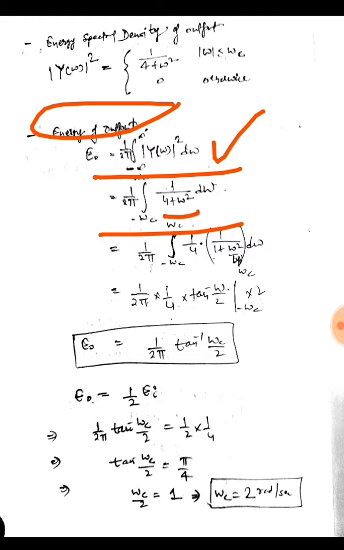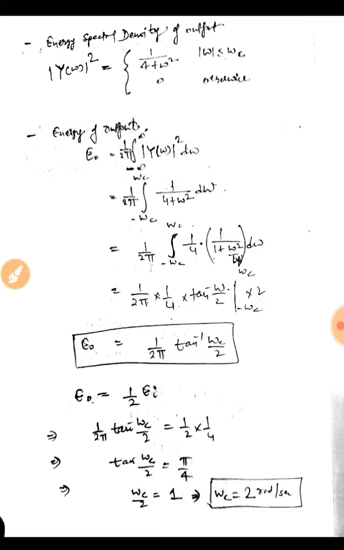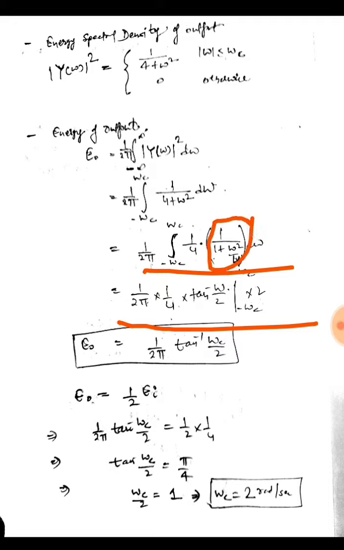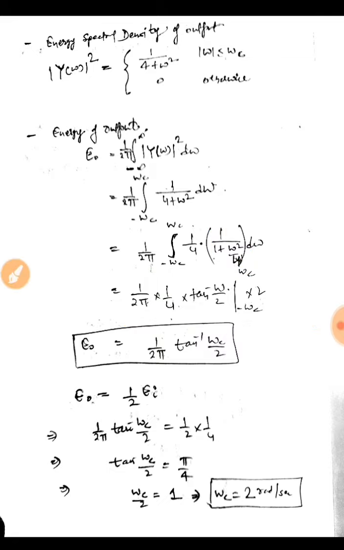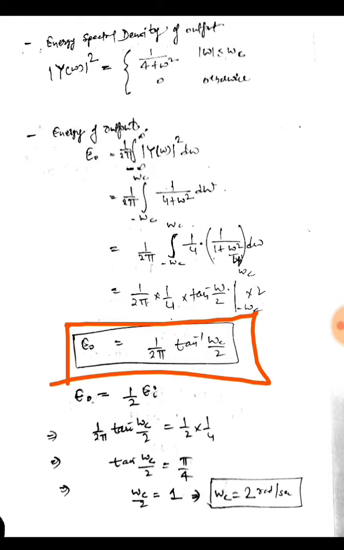Now if I integrate it with respect to frequency, it comes out to be 1 upon 4 into 1 upon (1 plus omega squared by 4) d omega. So it comes out to be 1 upon 2 pi into 1 by 4 into tan inverse, as the integration of this is tan inverse (omega by 2) into 2, from minus omega c to omega c. Finally the energy comes out to be 1 upon 2 pi tan inverse (omega c by 2).